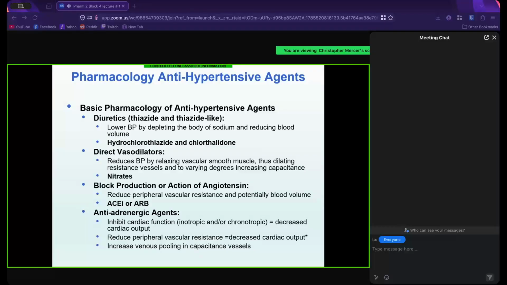And then we're going to talk about the ACEs and the ARBs. I've already mentioned their names tell you what they do and where, whether it's blocking a receptor or acting to inhibit an enzyme to keep it from making angiotensin II. Their action is going to reduce peripheral vascular resistance, both ACE and ARBs.